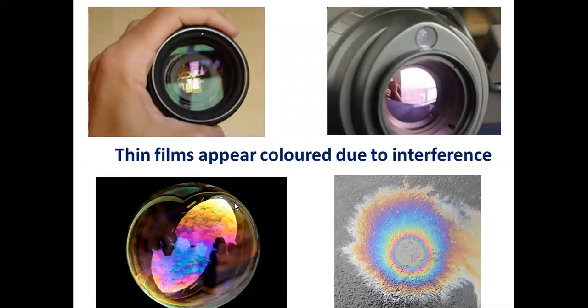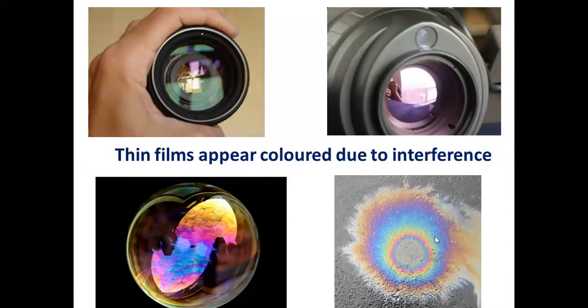That is not because of dispersion, that is because of interference, and different colors meet at different positions and give a colored appearance. So there is the thin film of soap and the thin film of oil on the surface of water. Whenever there is initial rain, oil on the road starts floating on the water in the beginning only.